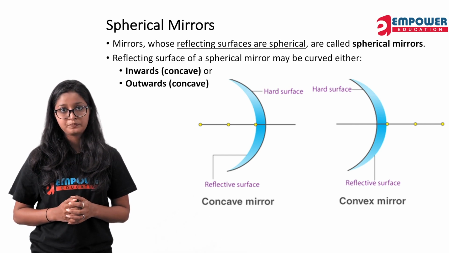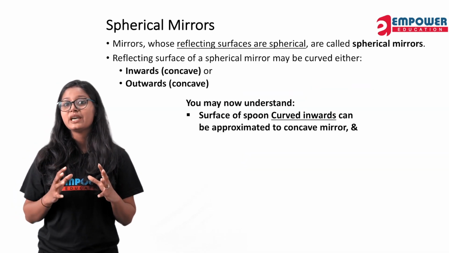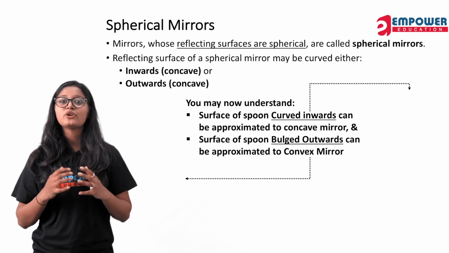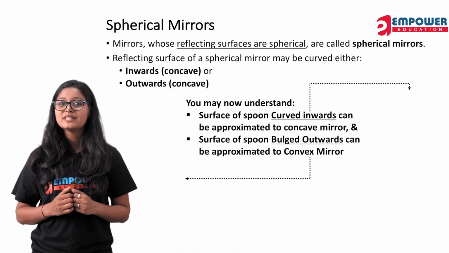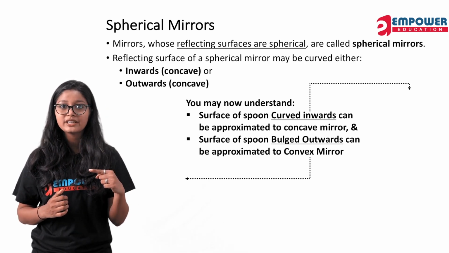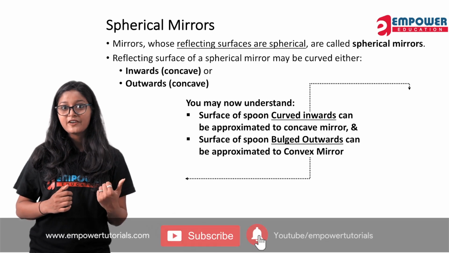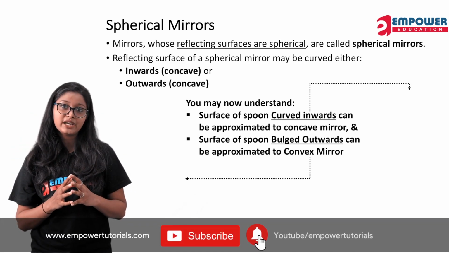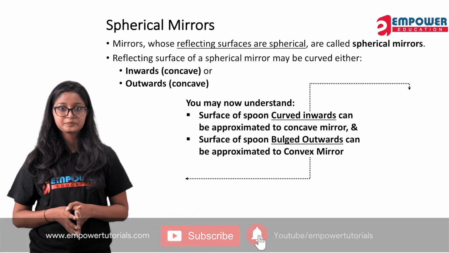Now you see this can be approximated to the spoon which I discussed earlier. If you have a look at the spoon, you will see the inner part of the spoon can be approximated to a concave mirror, whereas the bulging part of the spoon can be approximated to a convex mirror.